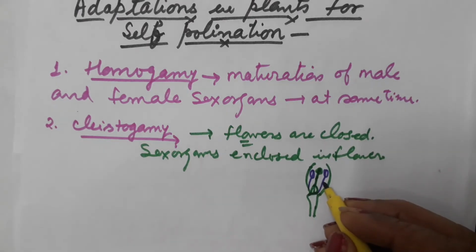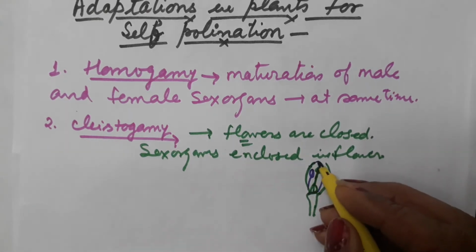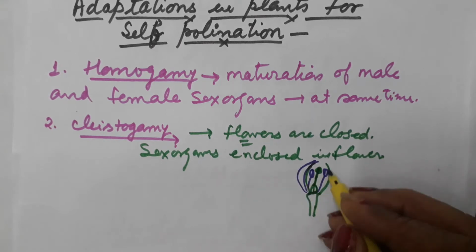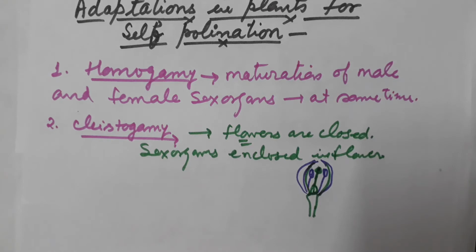So the stamen is the male reproductive part, and the carpel present in the center is the female reproductive part. They are enclosed within the flower. These are the petals. So the flower encloses the sex organs inside it. This represents the cleistogamous condition. Flowers are closed type, so it promotes self-pollination. Pollen grains from this anther easily come into contact with the stigma when they mature. So a cleistogamous flower favors self-pollination.